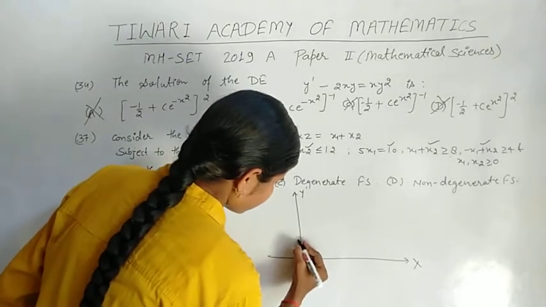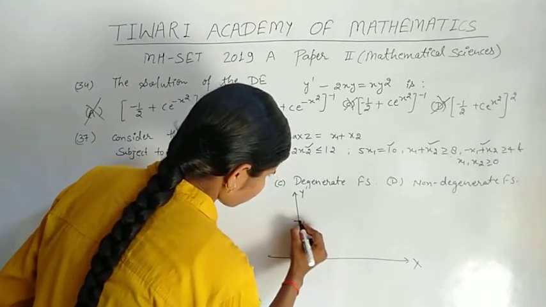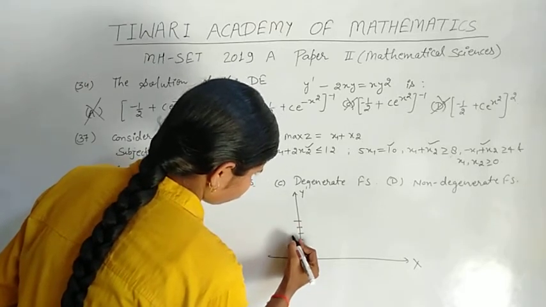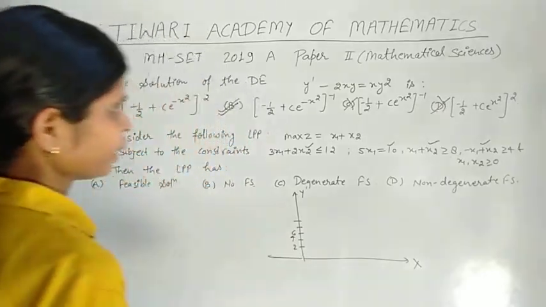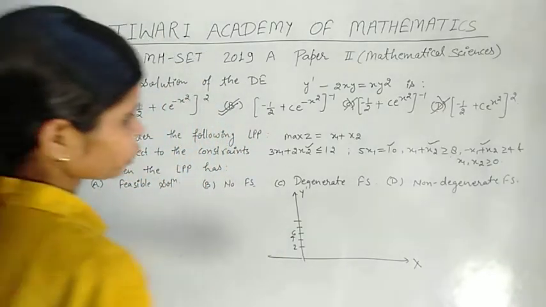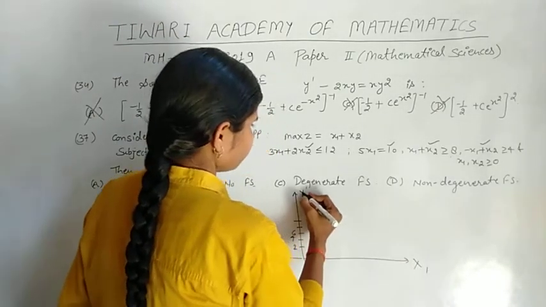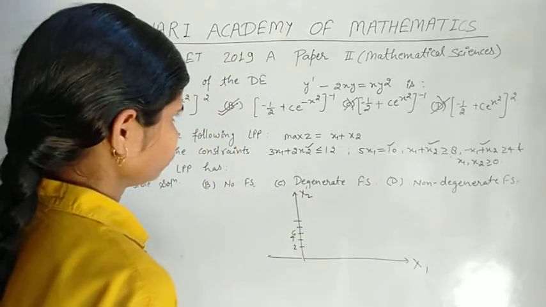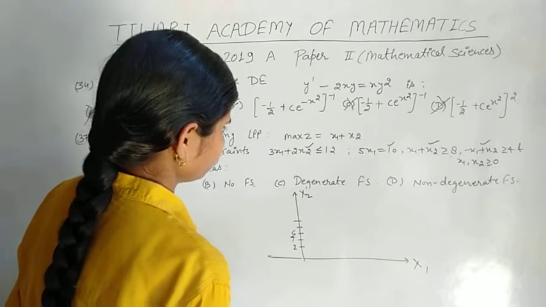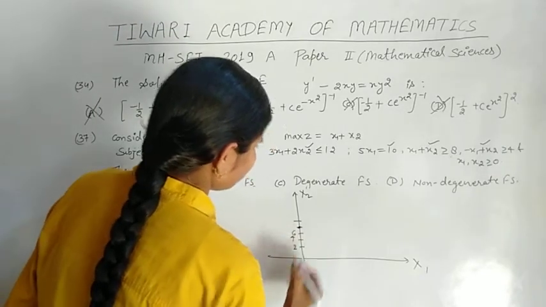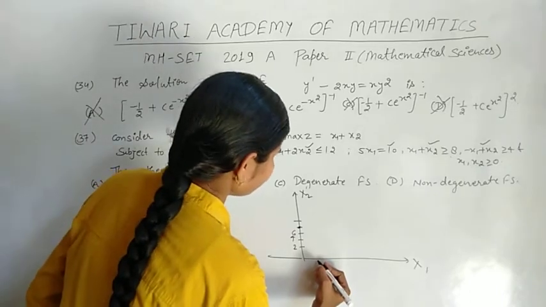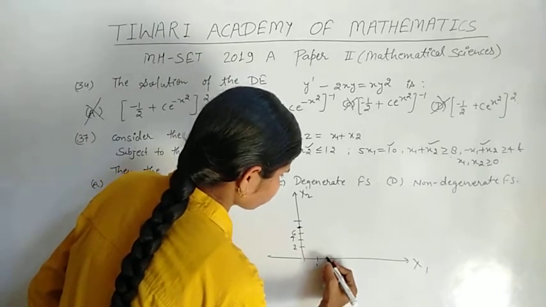In y-axis, take unit 6, 2, 4, 6 and x1 axis take 4 units.